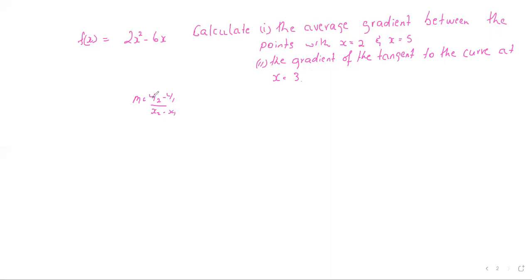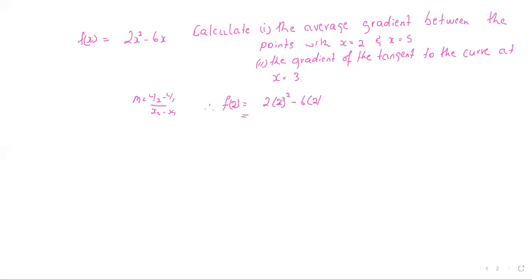Now we need to know the value of y when x is 2. Therefore, we say f of 2. X is 3 and X is 2 and X is 5 here. Life is easy. F of 2 will be 2 squared minus 6 times 2.